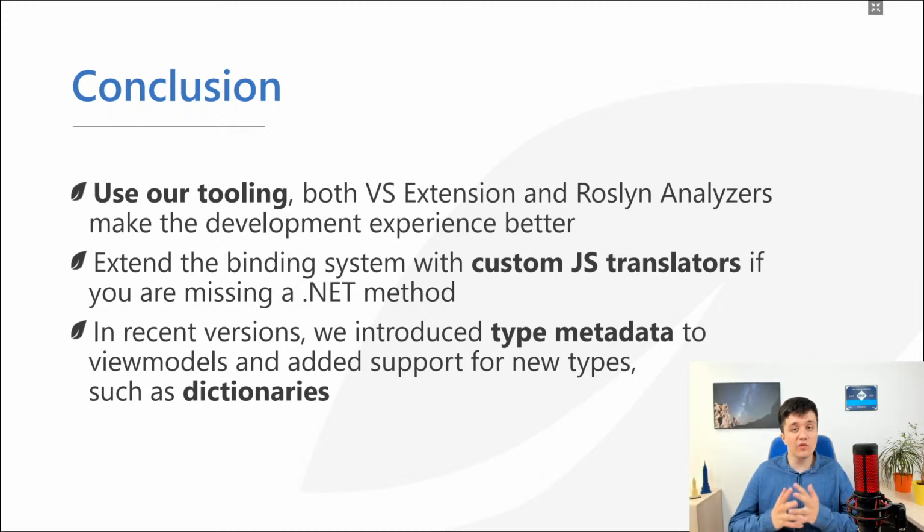As we learned in this presentation, you can also extend our binding system with your custom JavaScript translation, so you can use some new shiny .NET methods inside your value bindings or static commands, which is a quite nice way to improve the binding system and teach it to work with new .NET methods.